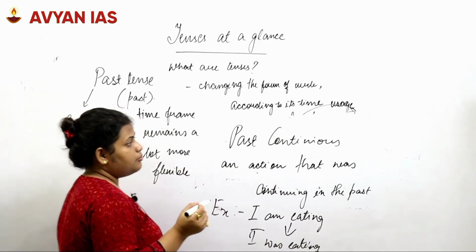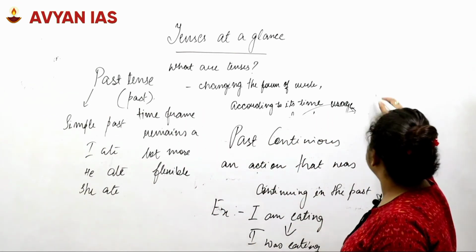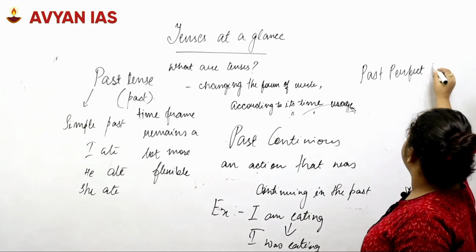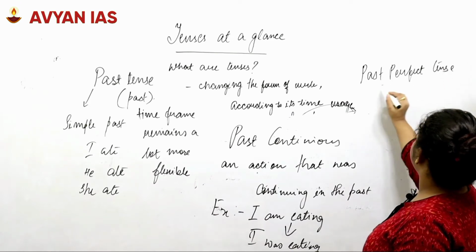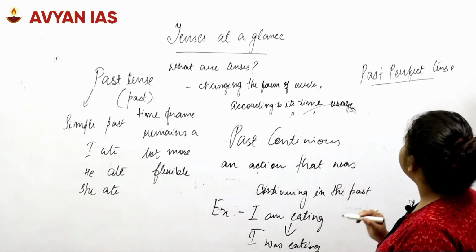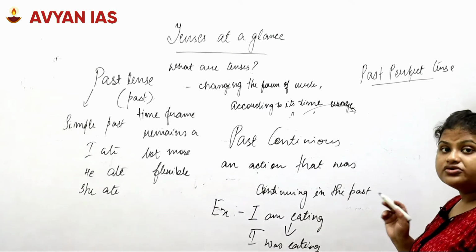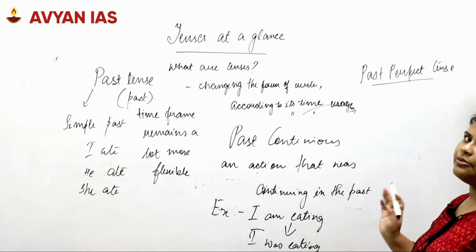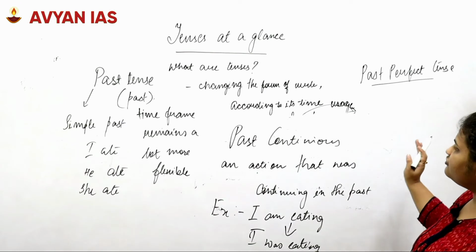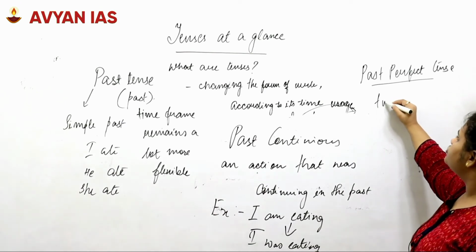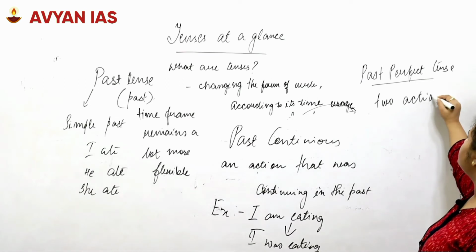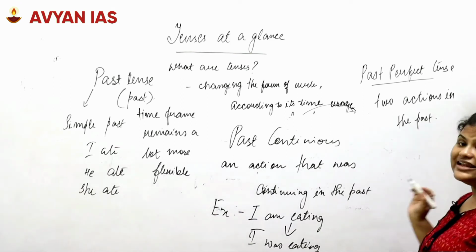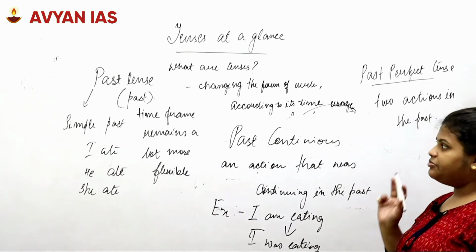Next, we talk about past perfect tense. Past perfect tense is generally used when there are two actions happening in the past, and we have to give a clear reference to which action is happening when.